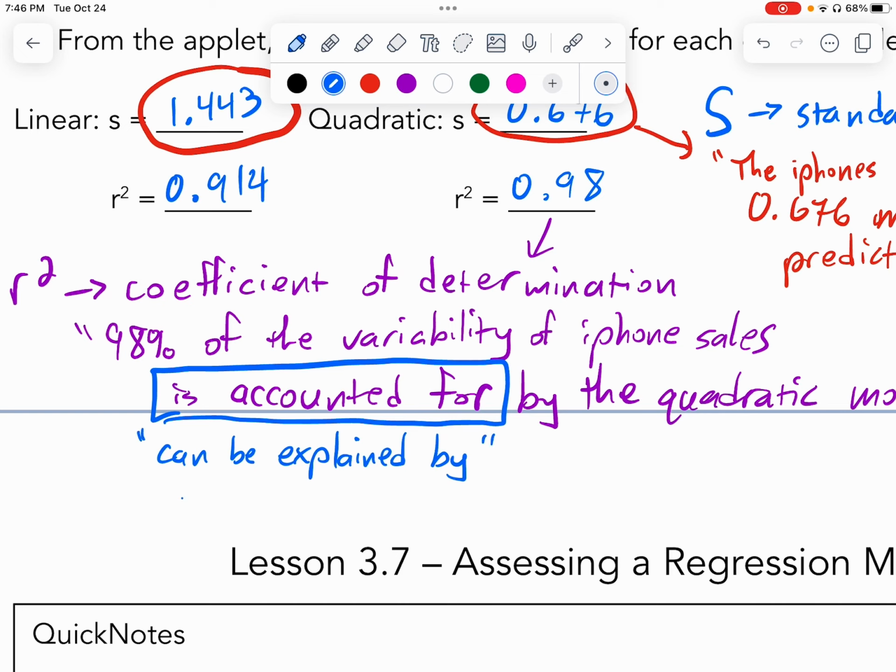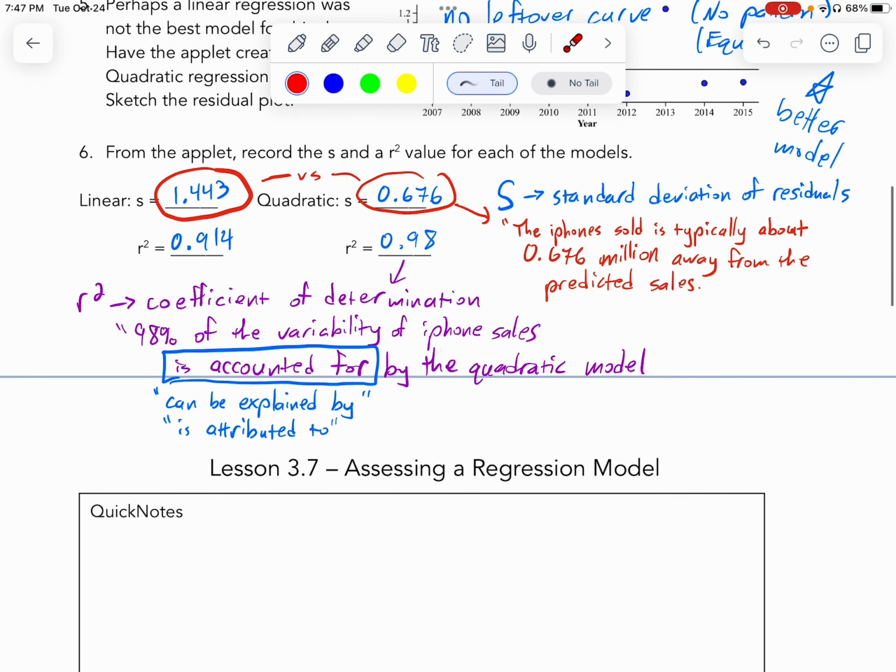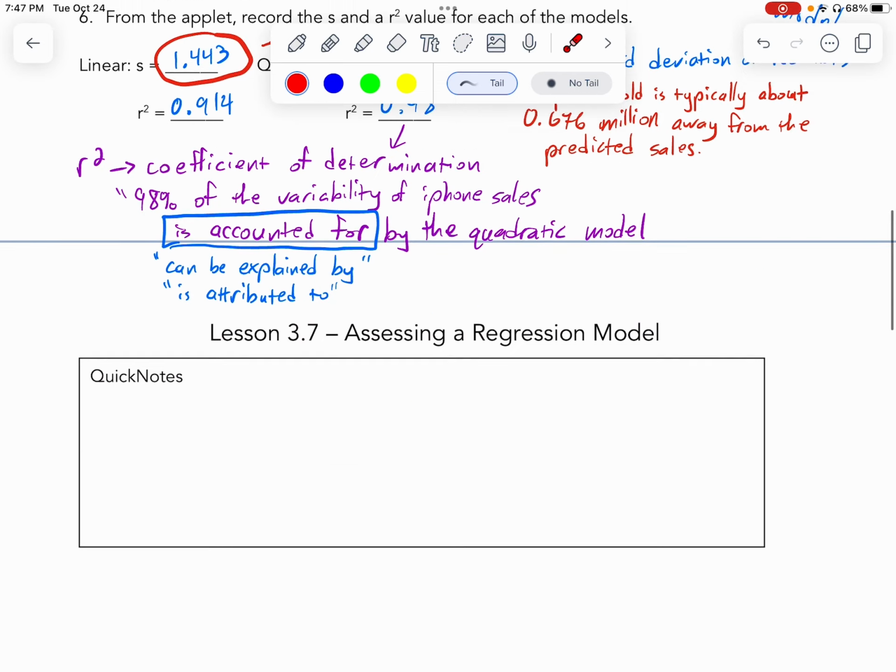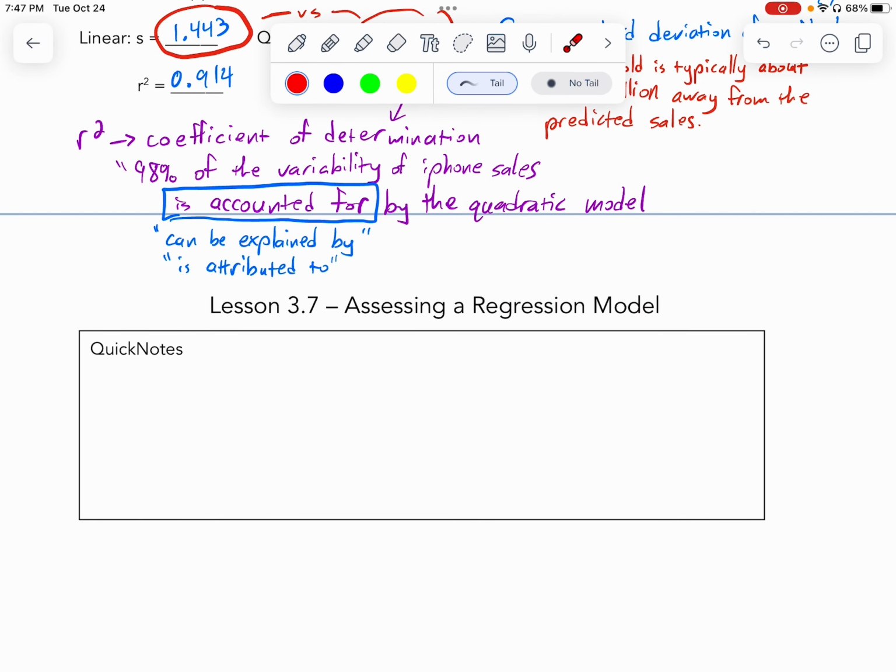Or "is attributed to." That's a lesser known one, but you might see any one of these three phrases for R squared. Okay, so I've thrown a lot at you. Let me just try to summarize what's going on here in our quick notes.